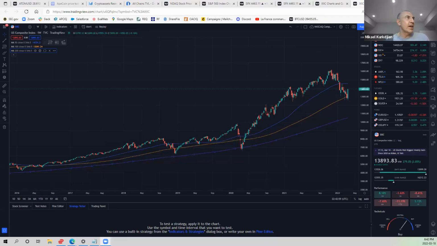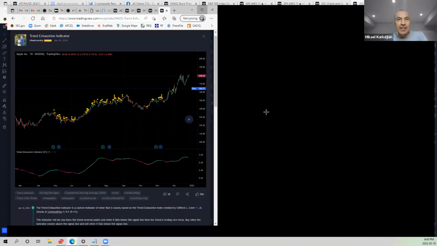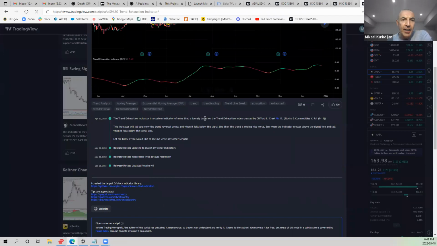I will also right away bring up the definition of what this indicator is on TradingView. It says the trend exhaustion indicator is a custom indicator that TradingView has created, and it's loosely based on the trend exhaustion index created by another user. What it does is tell you when a trend has done a reversal and when it falls below the signal.